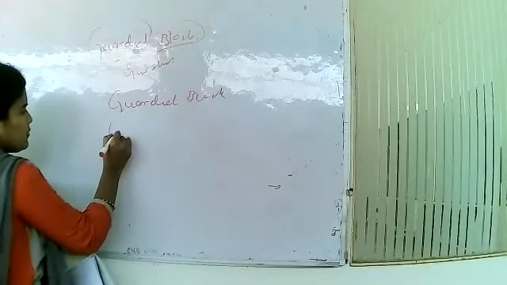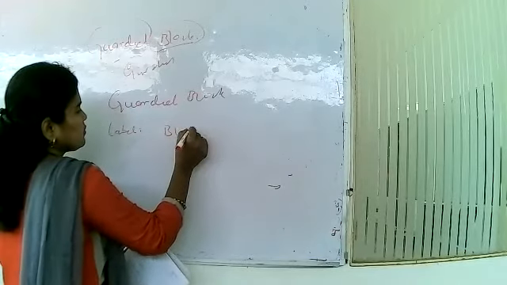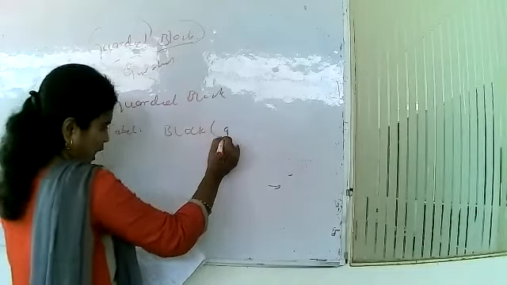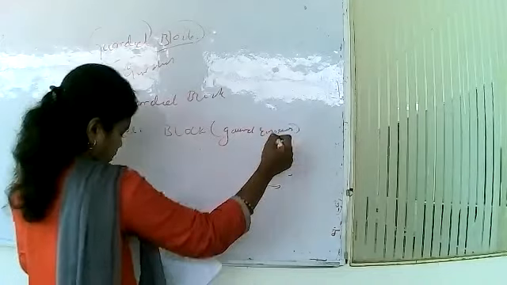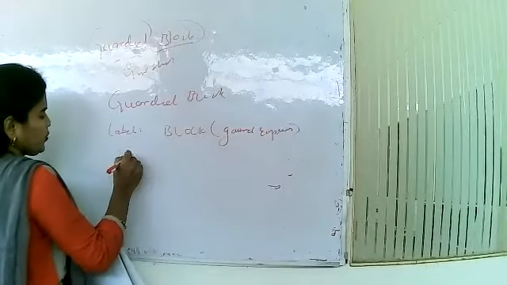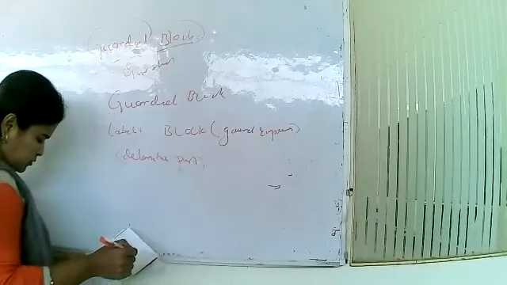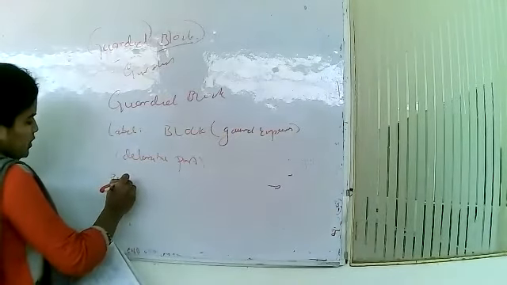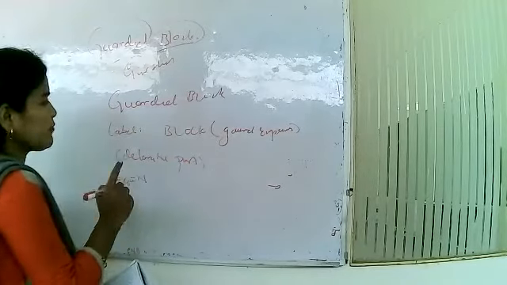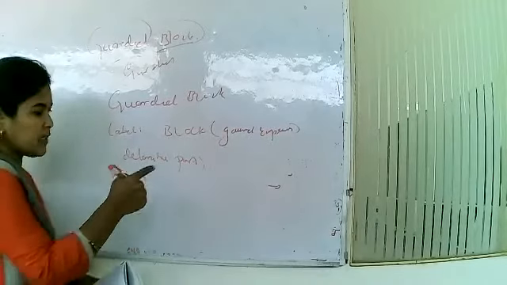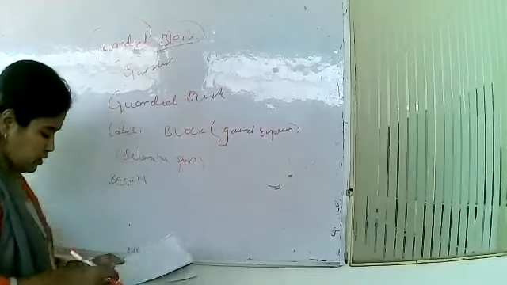Guarded block: label, block, guard expression, declarative part. Begin. The same thing as a block, but the difference is that if the guard is true, then it will execute. Otherwise, it will not execute. Then there is no separation.